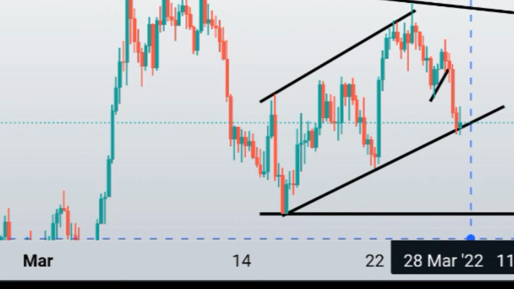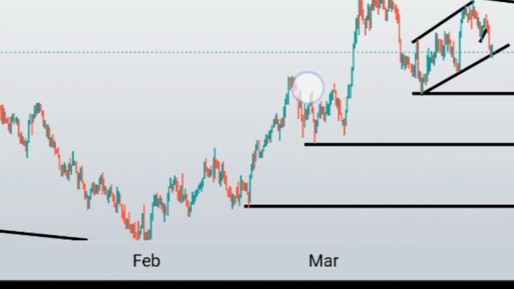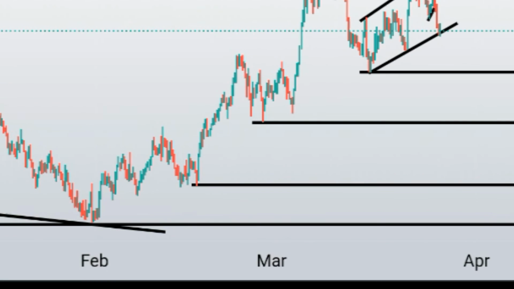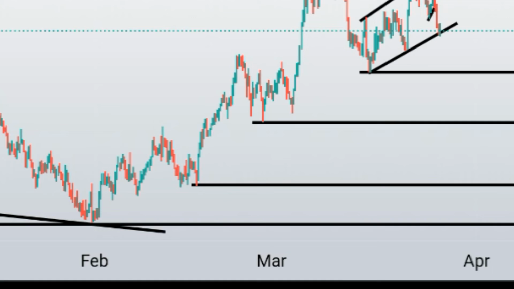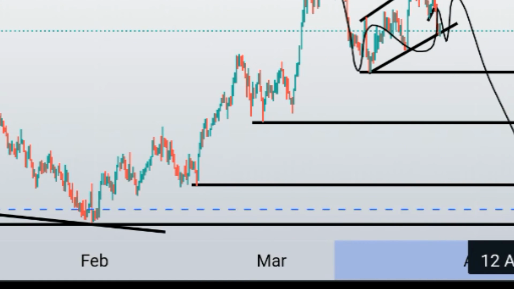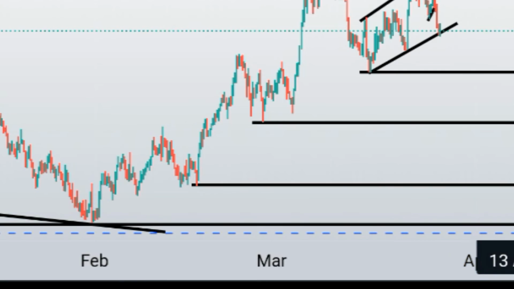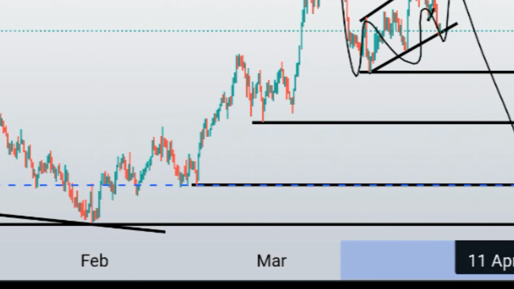So I'll be looking for selling opportunities. Reason being that we are at our resistance and also we have a type of correction. So this correction will be my continuation to the downside.